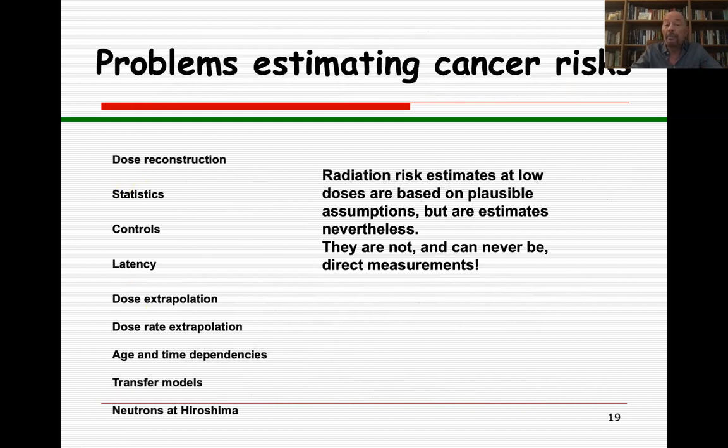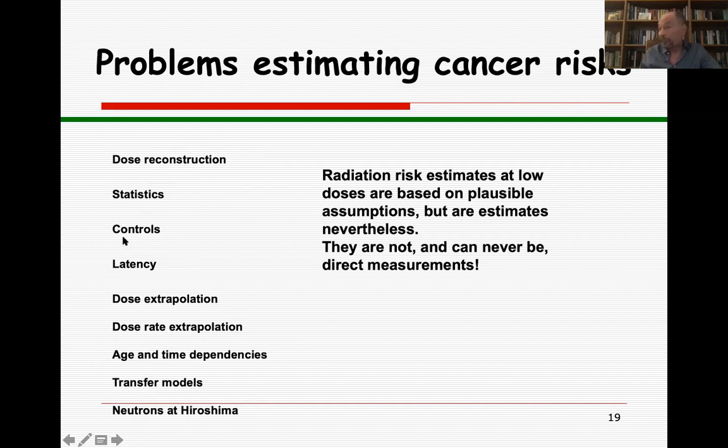There is not much alternative, but there is also a lot of uncertainty in estimating cancer risk. This should be clear from now. We have a very, very large uncertainty due to all these different factors. When you have epidemiology, you need to do dose reconstruction, and you need to have a lot of cases to have good statistics.